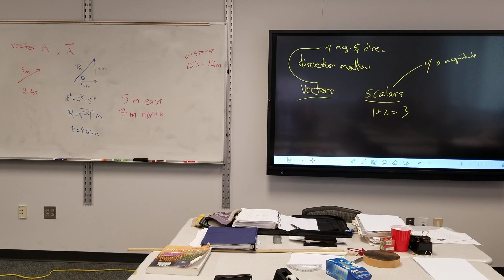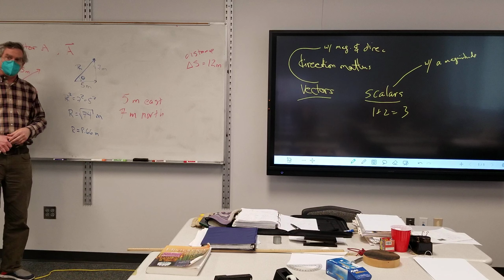Now, you might be thinking square root of 74 is a more precise answer, and this is rounded off, and yes, that's true. But all the base measurements that we're dealing with here, 5 meters, presumably that's rounded off and that's rounded off. Technically, one significant figure, so if I cared about significant figures, the answer would be 9 meters. But I don't care about significant figures here because it's not the first class.